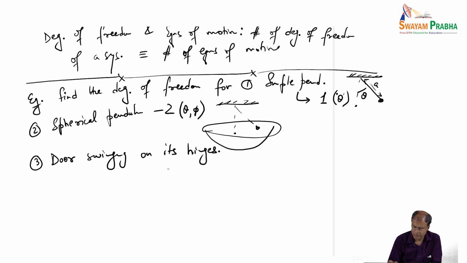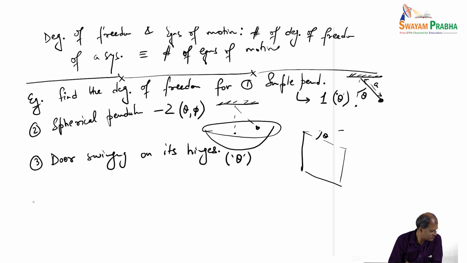We have a door which is swinging on its hinges. So we have an angle theta, which is the angle that the door makes with respect to, let's say, the horizontal. So we have the angle theta here.